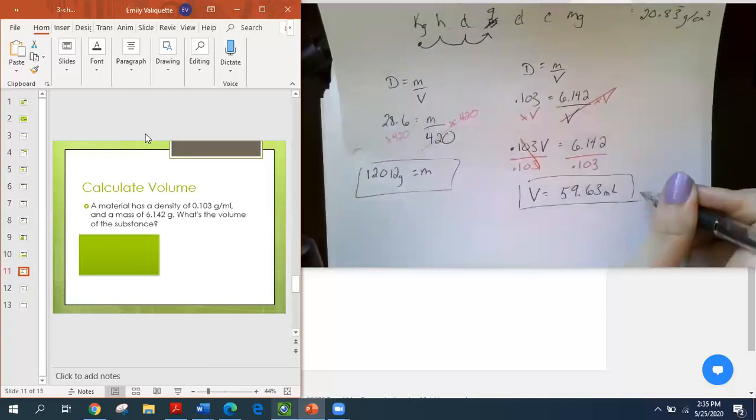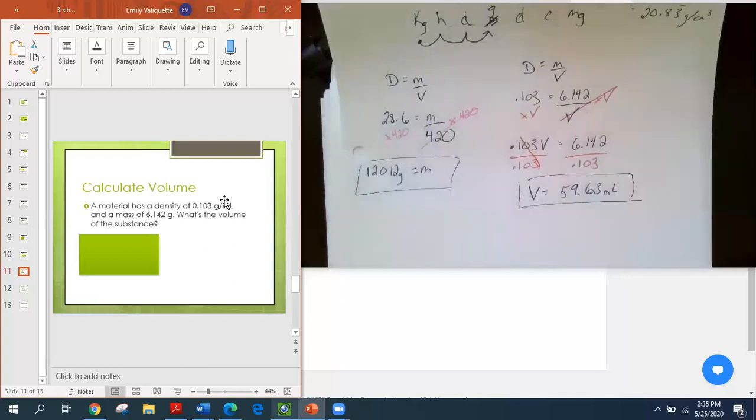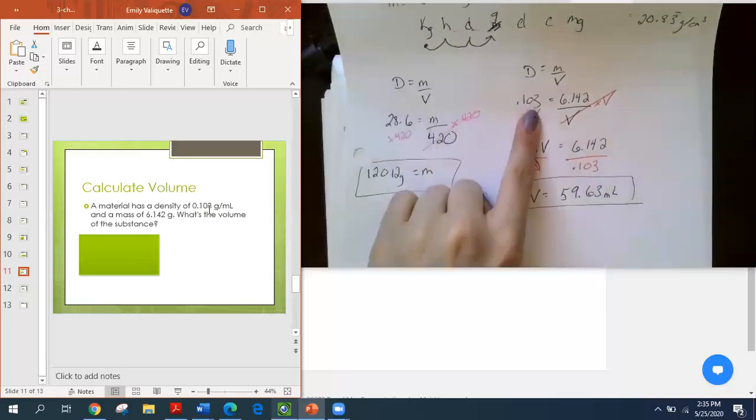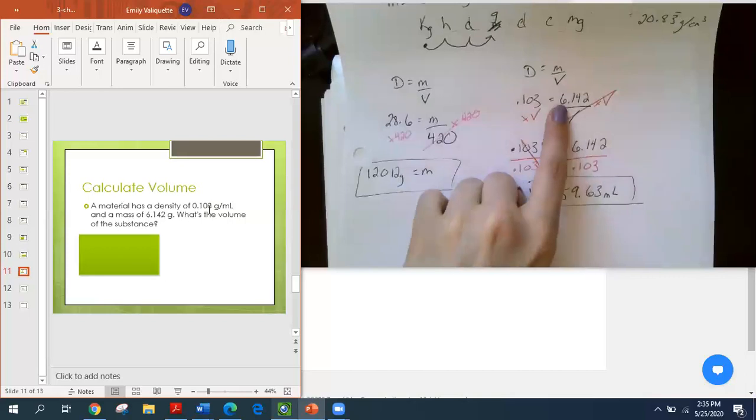I know that it's in milliliters, by the way, because my density was in grams per milliliter. So because I had milliliters in my density, my volume is in milliliters. If it was grams per centimeters cubed for my density, this would be in centimeters cubed. By the way, you may notice that I don't put my units into my formula as I'm going.